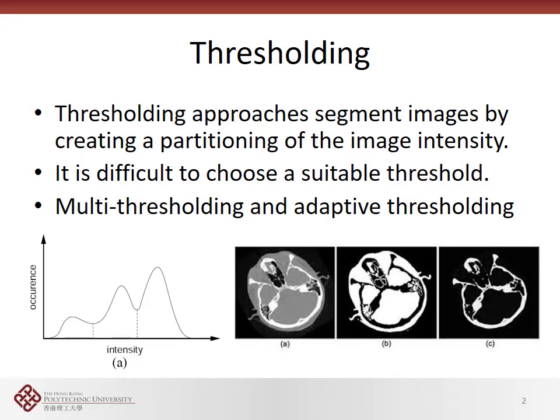To handle such a case, multiple thresholding and adaptive thresholding methods are proposed. That means we use two or more thresholds to segment an image, or we use one threshold in one region of the image and another threshold in another region, which is adaptive thresholding.